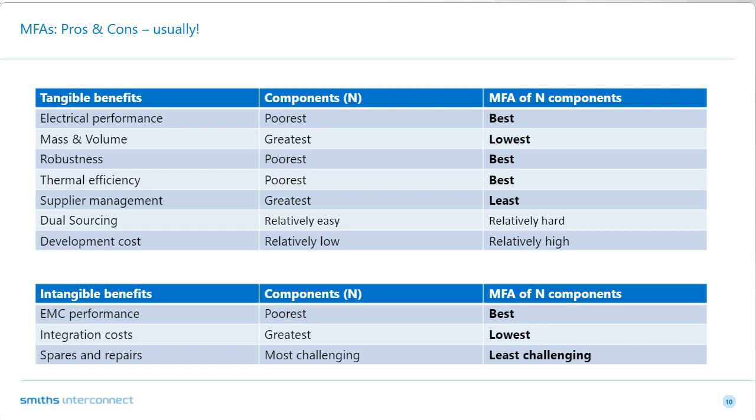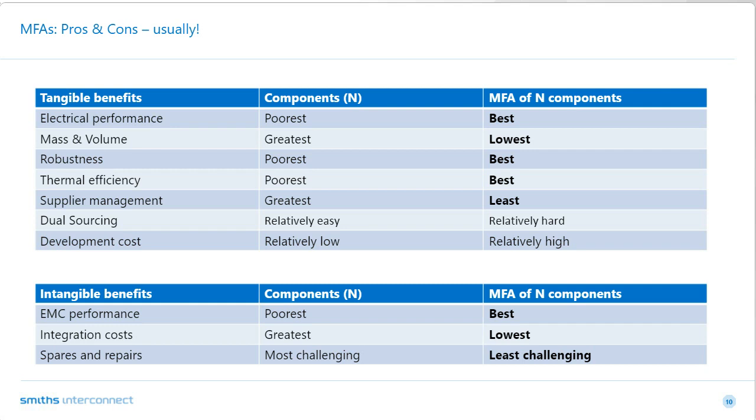Dual sourcing, again, is relatively hard with multifunction packages versus components. Usually the multifunction assembly suppliers are using their own individual internal components. Those components are tied to that factory, those engineers, and as such, having somebody replicate it is a difficult cost.